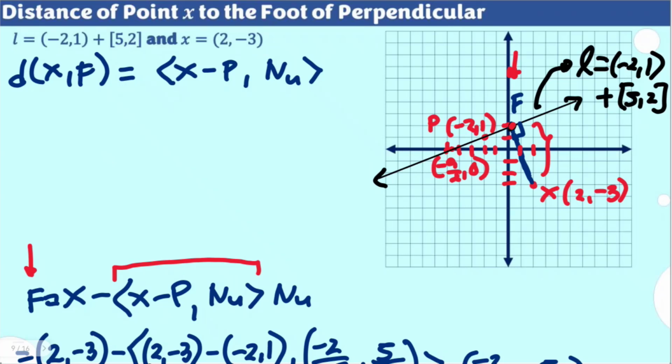Since it was discussed as well that the distance, or this inner product, may take negative values depending on the components of our points x and the foot of the perpendicular, the formula for distance is actually the absolute value of that.